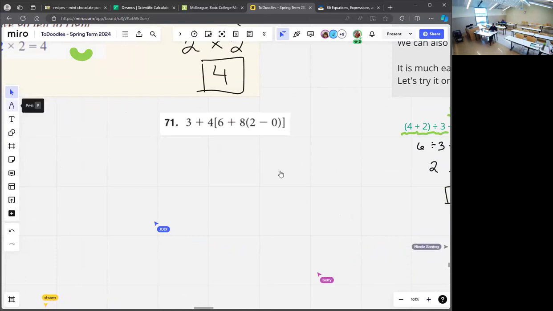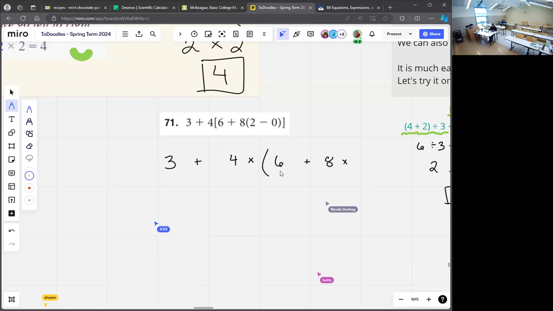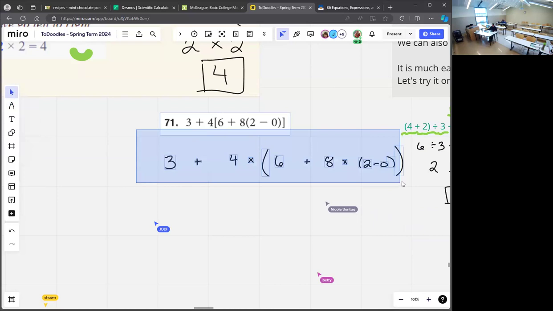I'm going to rewrite it. So 3 plus 4. When you have a number next to a bracket or parentheses, then that means multiply. Okay, let me grab all of that and move it over.